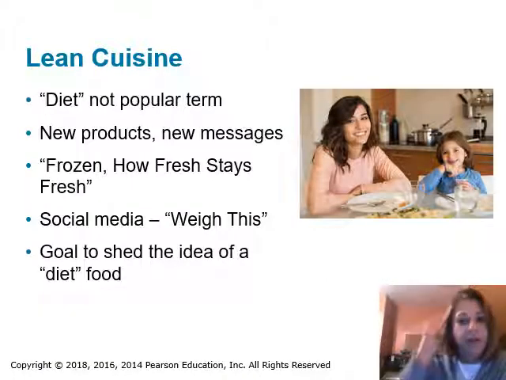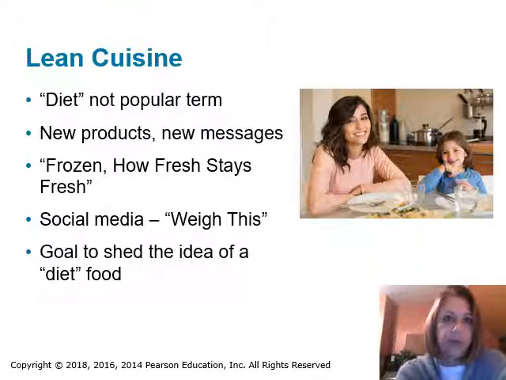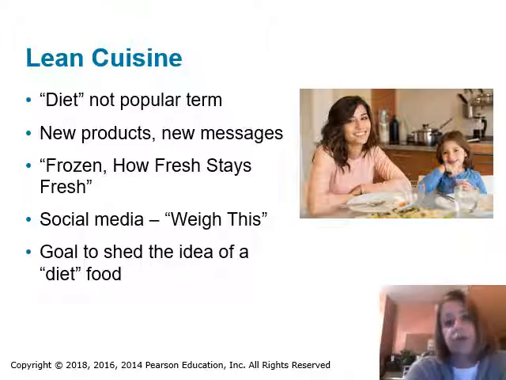The book talks a little bit about a couple of brands to give you some examples. One example is Lean Cuisine. As the term became unpopular, Lean Cuisine needed to embark on a new path. In an effort to connect with customers, Lean Cuisine developed several new products and launched a new image campaign entitled Frozen, How Fresh Stays Fresh.